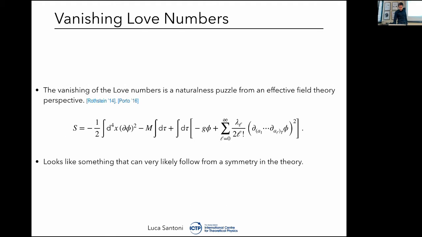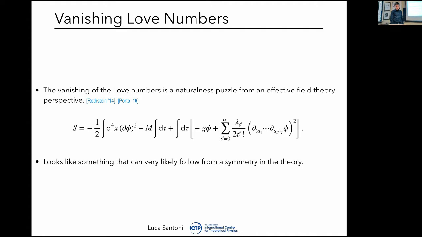Okay. So it has been known for a few years that the vanishing of the love numbers is a puzzle from the point of view of an effective field theory. And this, of course, looks like something that can very likely be explained in terms of a symmetry in the theory.